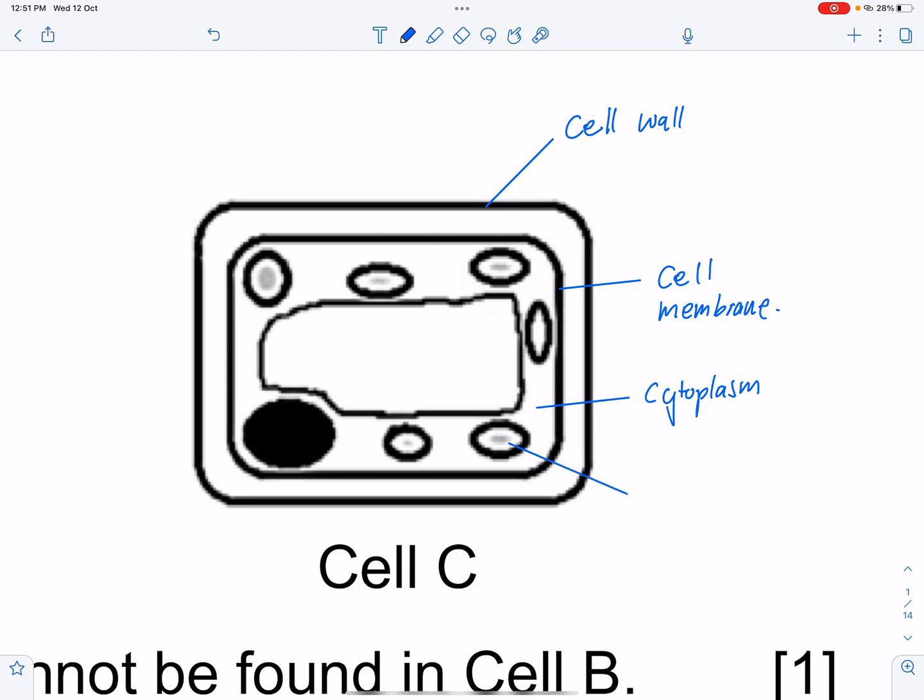What's over here, this circular oval shaped thing would be your chloroplast. And then after that, this empty space here is your large central vacuole. This would be your nucleus. Okay, so this is a typical plant cell.